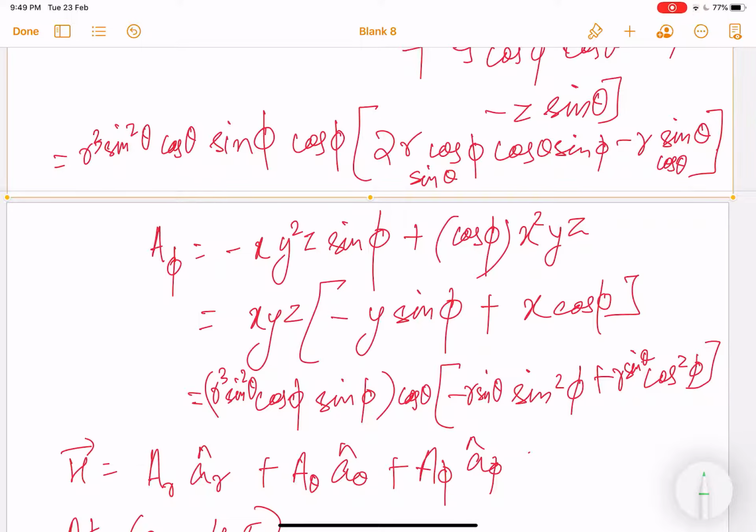This into cos phi sine phi, cos into sine. Let's do it. Then this much minus. Oh, it's so lengthy. 0.5.